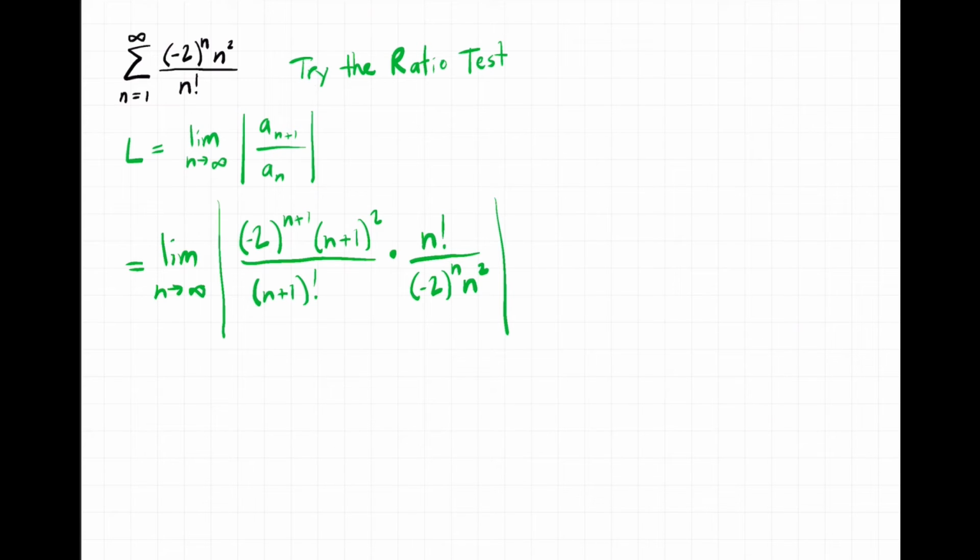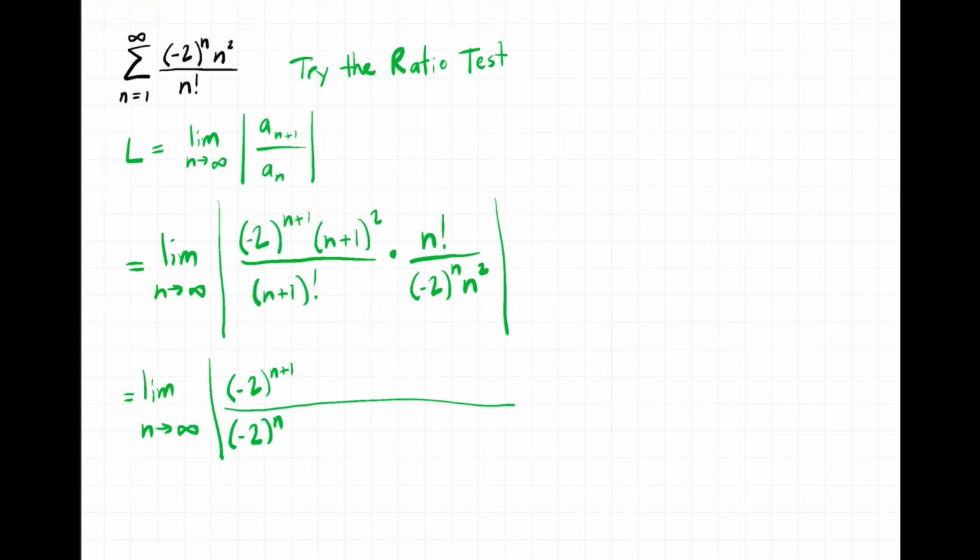So here's what I'm going to do. This equals the limit as n goes to infinity of the absolute value of, let me get my exponential parts together first. So I've got negative 2 to the n plus 1, my big division bar here, over negative 2 to the n on the bottom.